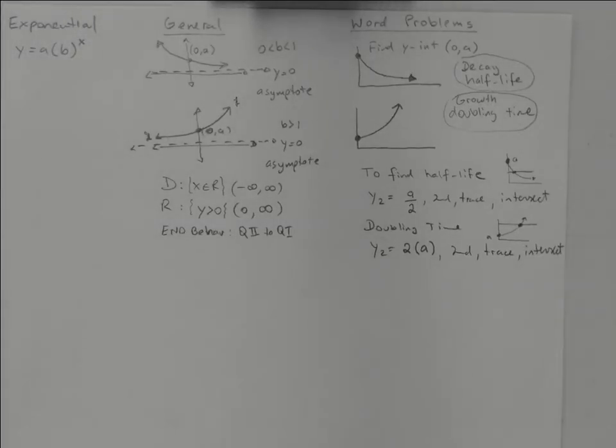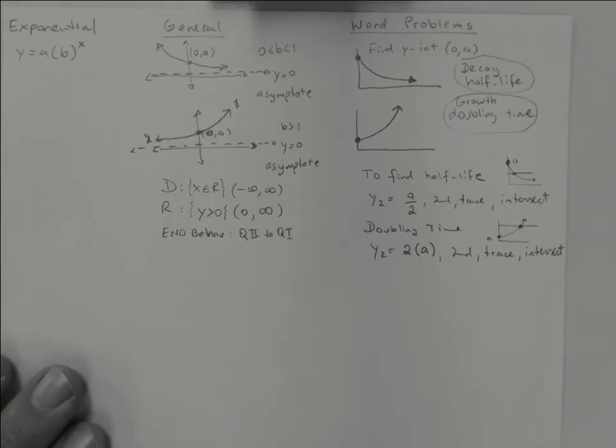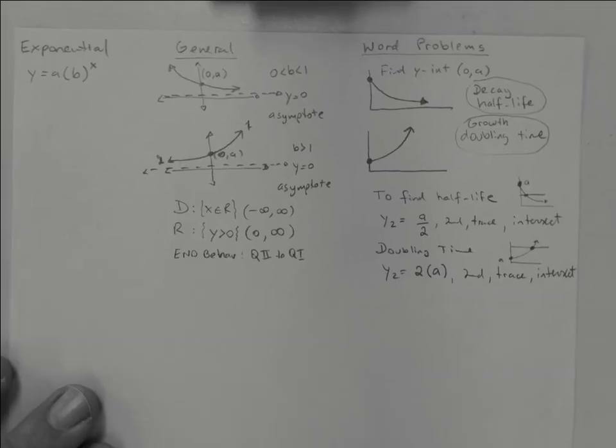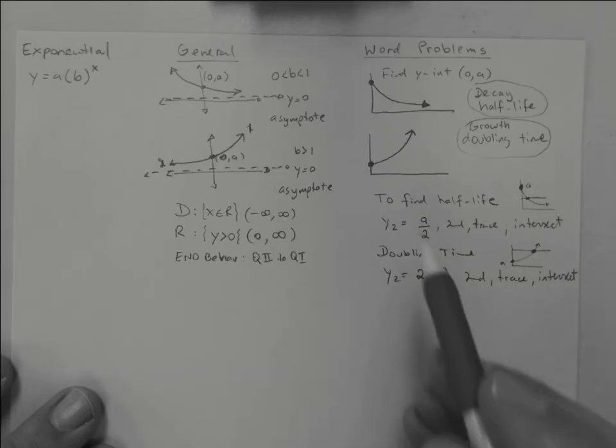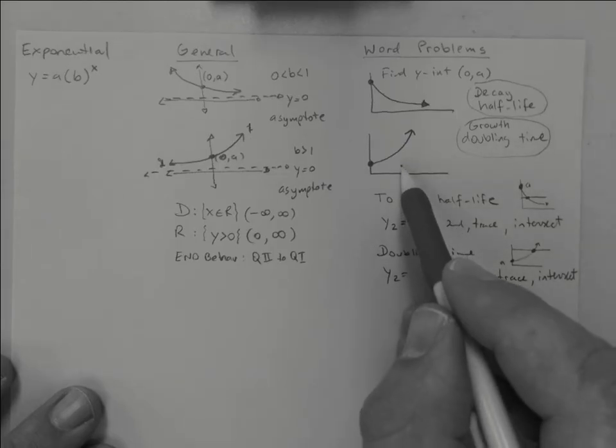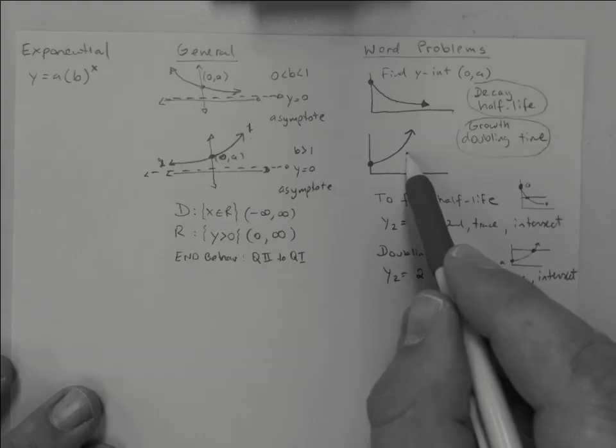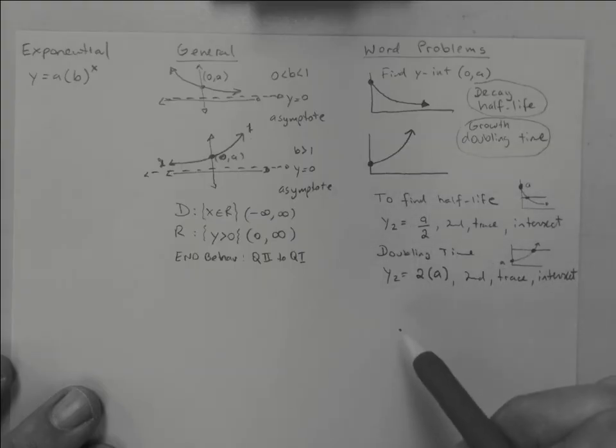Okay? So you're finding how long it takes to double. I don't know what to do about the domain and range here. It's going to get messy if I do that right now, so I'll leave that for now.